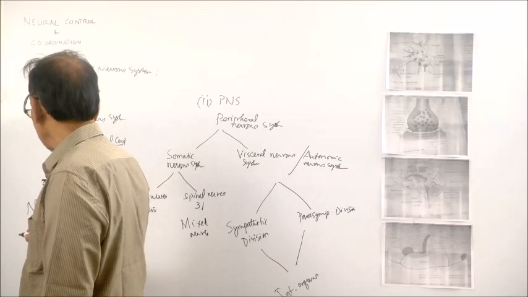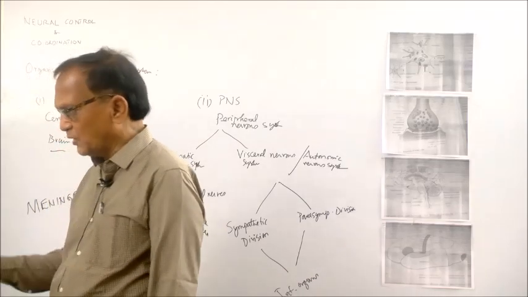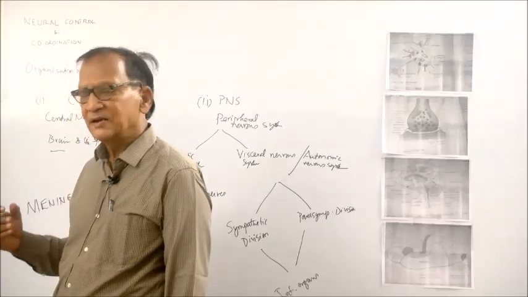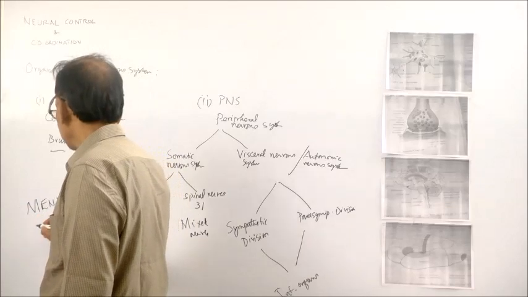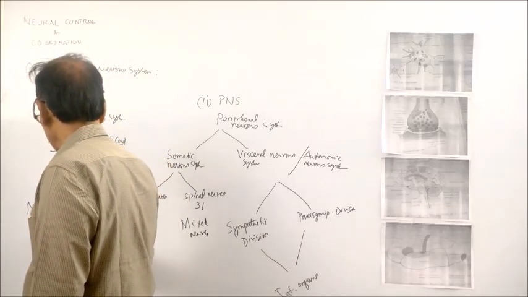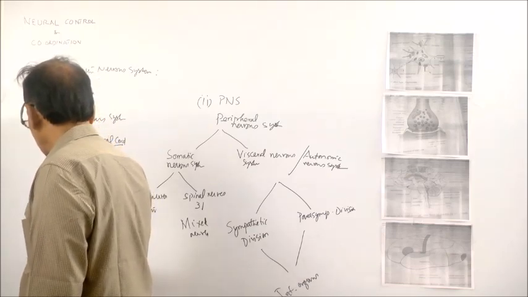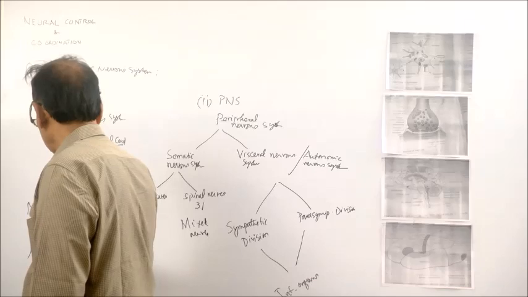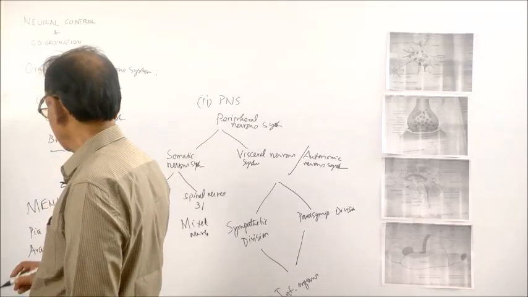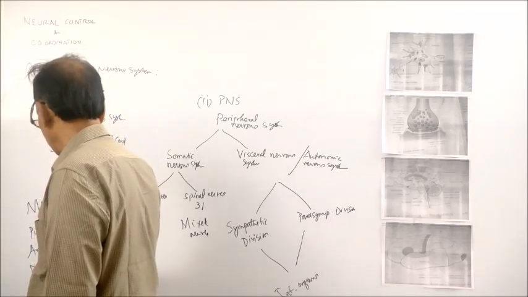What are their names? The meninges are, from inside to outside, the pia mater, immediately enveloping the brain, then in the middle the arachnoid mater, and outside the dura mater.